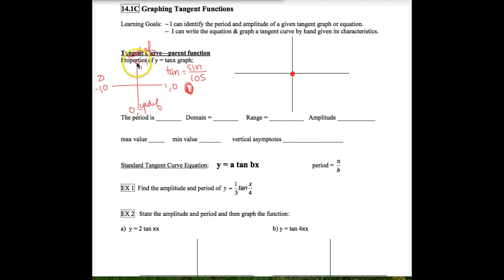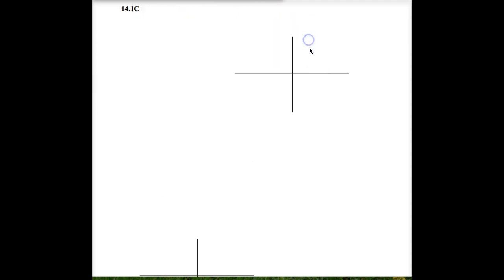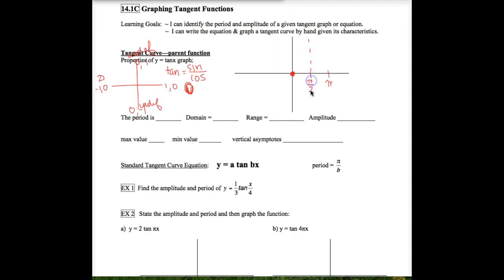So it gets bigger, and then all of a sudden, at pi over 2 here, it becomes undefined. And what undefined means when we're looking at a graph is that there has to be an asymptote. So if I'm going to draw a graph here, here's pi. This would be pi over 2. At pi over 2, there has to be an asymptote because it has to become undefined.